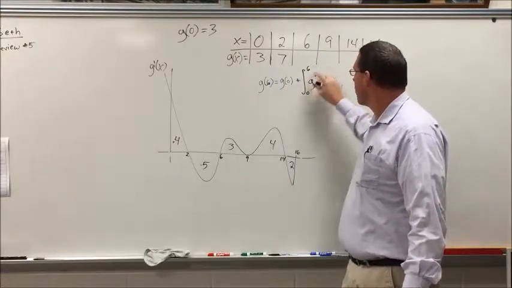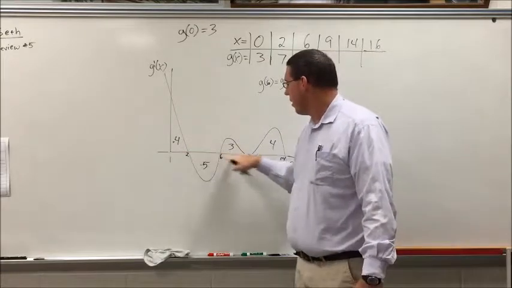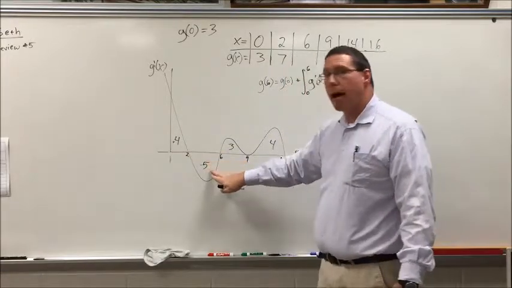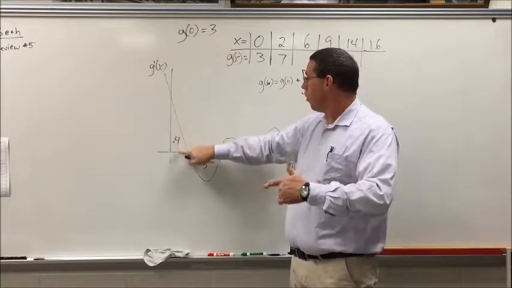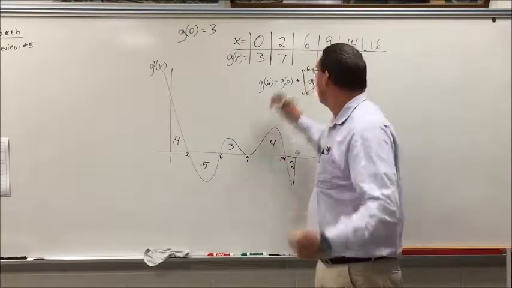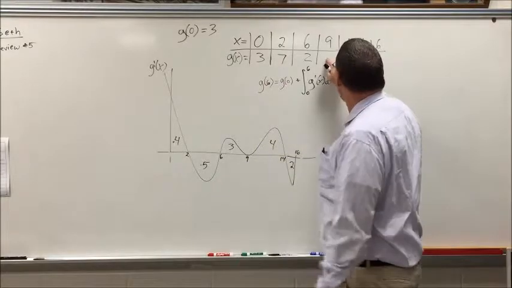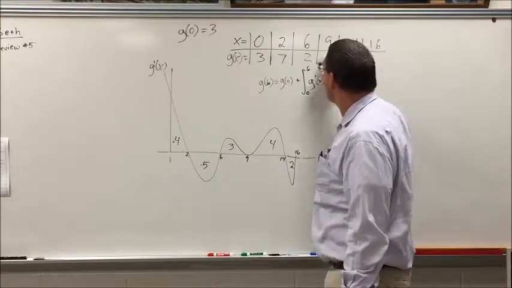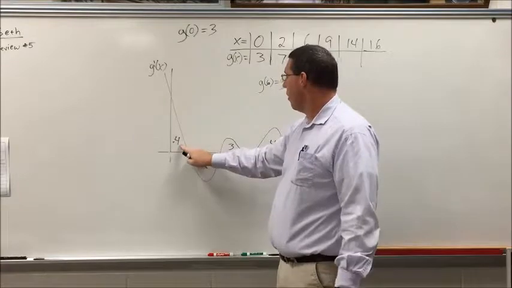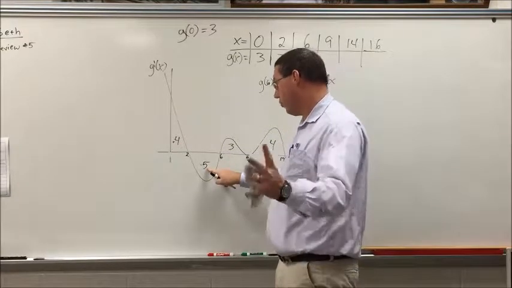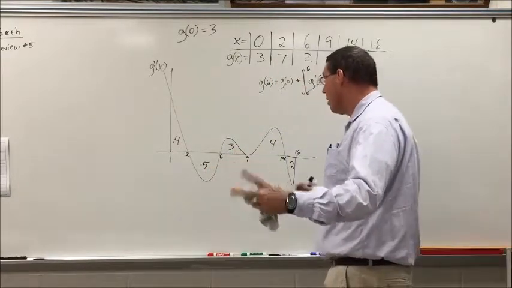So 3 plus 4 minus 5: 3 plus 4 is 7, minus 5 is 2. So put a 2 there. Now for 9, we start at 3, go up 4 to 7, minus 5 is 2, plus 3 is 5.